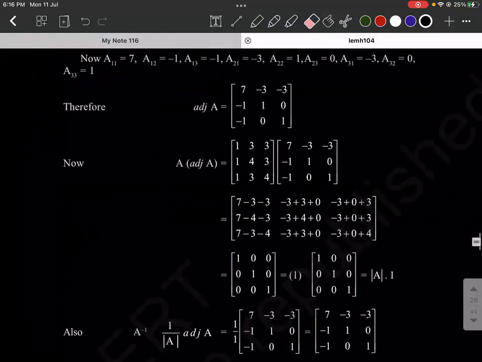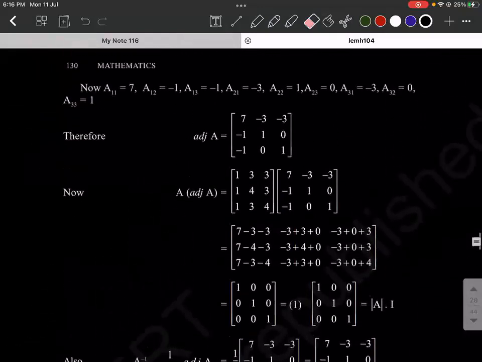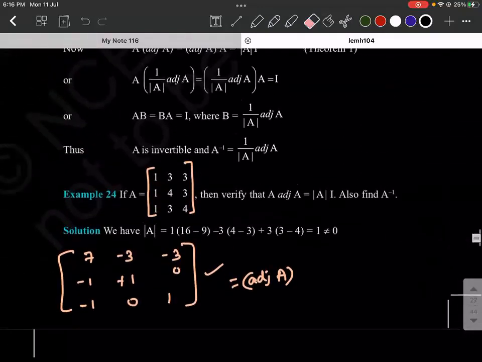So why is the adjoint important? Adjoint is important for us to calculate the inverse of a given matrix. So when can you find the inverse of the matrix? First thing, when it is a square matrix in the first place. And the second most important point is that its determinant should not be 0.